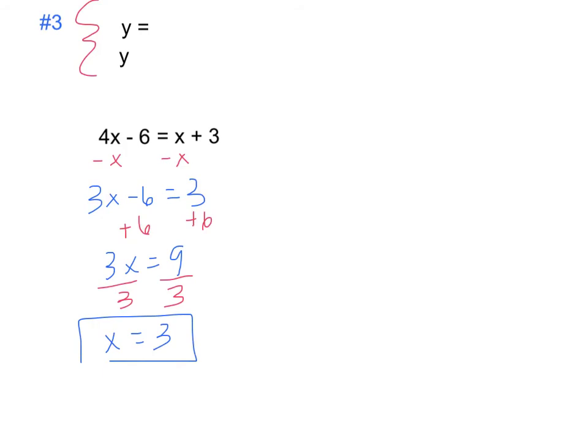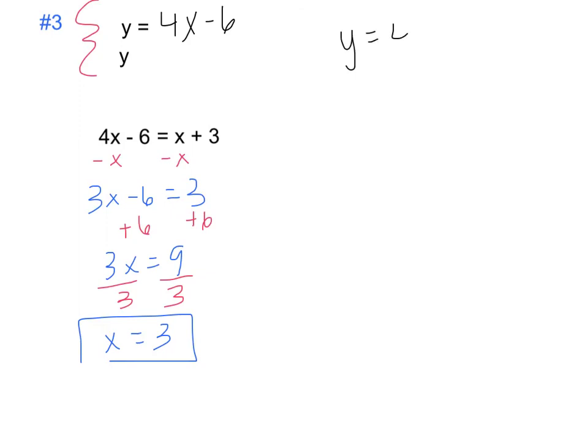That's only half of my solution, right? I know what the value of x is. I now need to find the value of y. So if I plug in x equals 3 into one of my original equations, y equals 4x minus 6, let's see what I get.